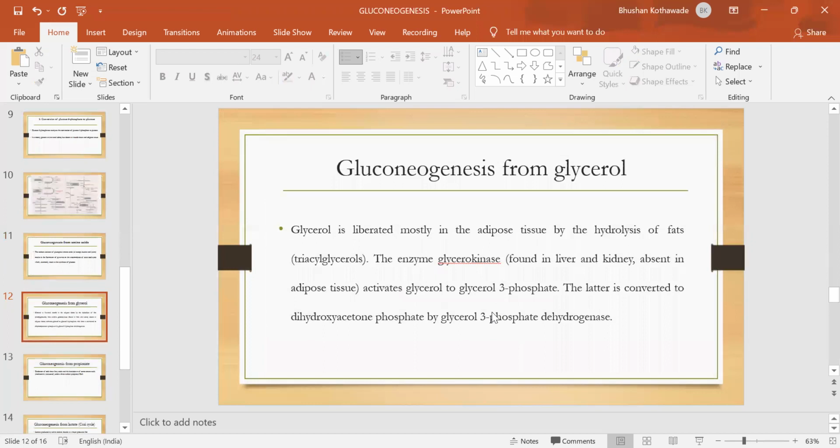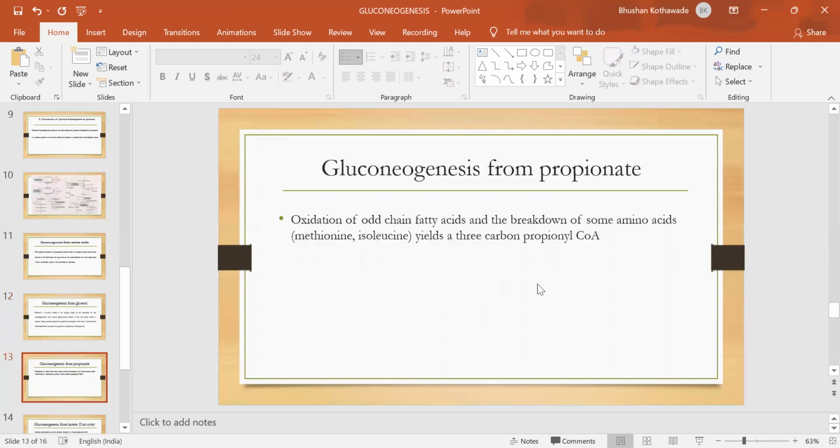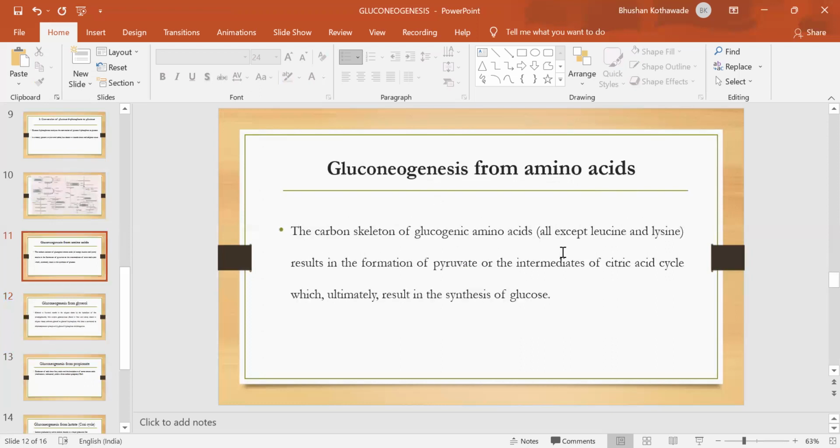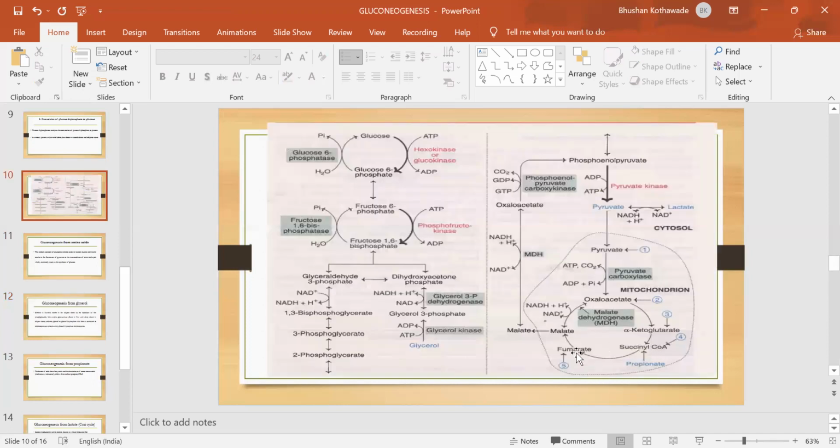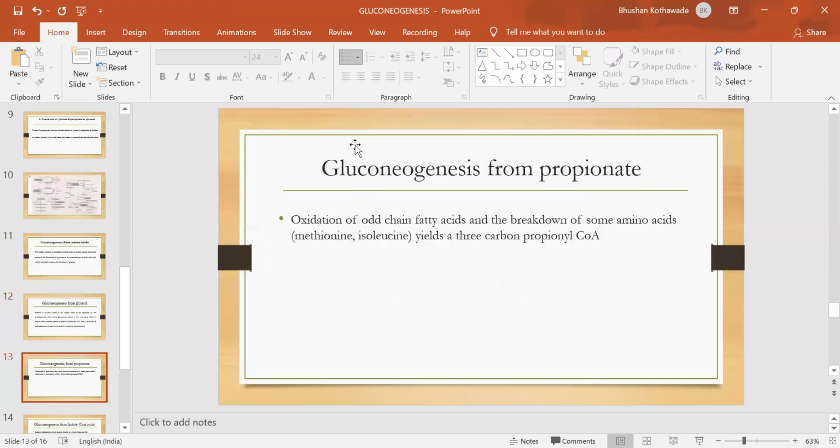From glycerol, I have already told you, we first get glycerol 3-phosphate, then glyceraldehyde 3-phosphate will form, and then we will get glucose. Then from propionate, first we will get succinyl coenzyme A. From succinyl coenzyme A, we get malate, and then from malate we will get glucose. So all the steps will be the same.